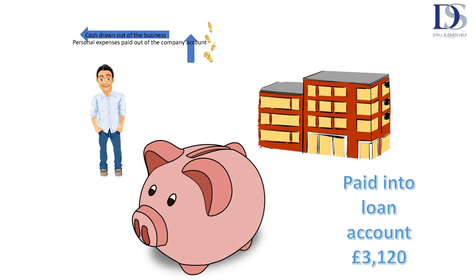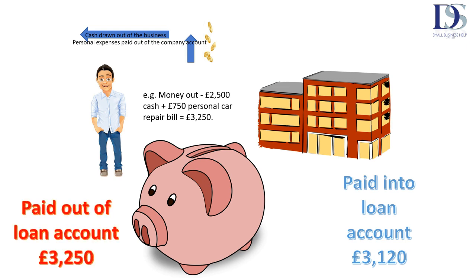During the same period, our director has drawn out cash of £2,500, and he's also accidentally paid for his car repairs with the company credit card. So that means he's paid for a personal expense using the company bank account. And these two costs come to a total of £3,250.